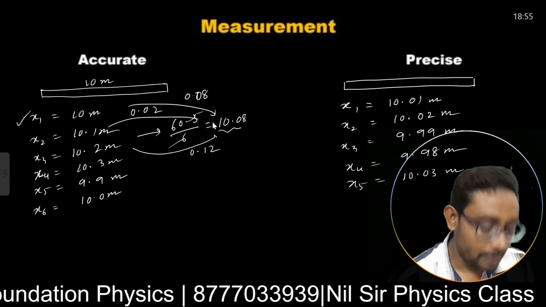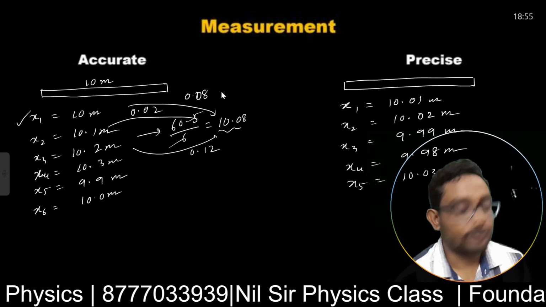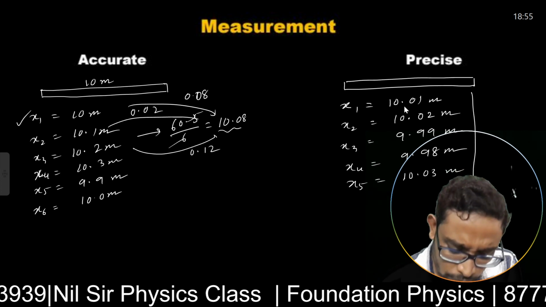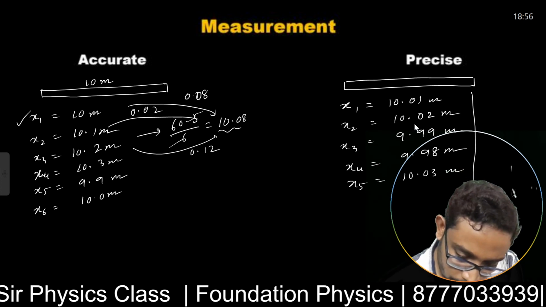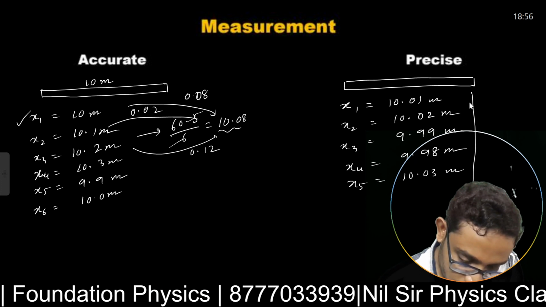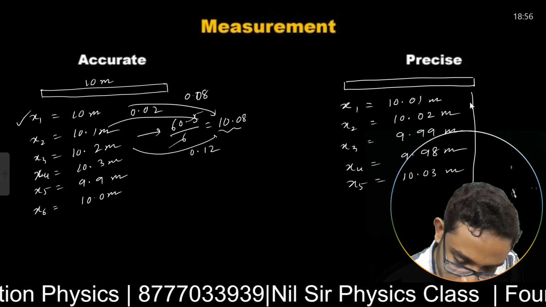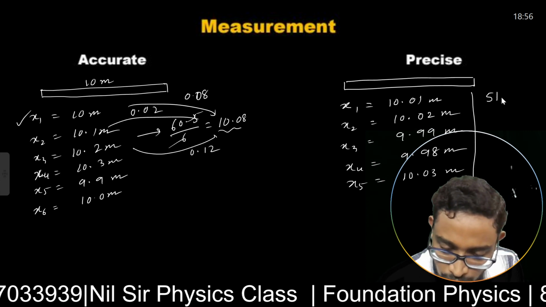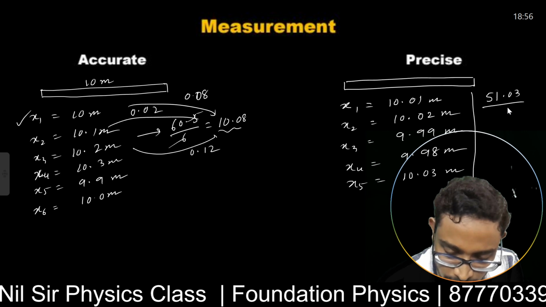One, two, right? So this spread is large. In this case, if we check this one, divided by 5, right?